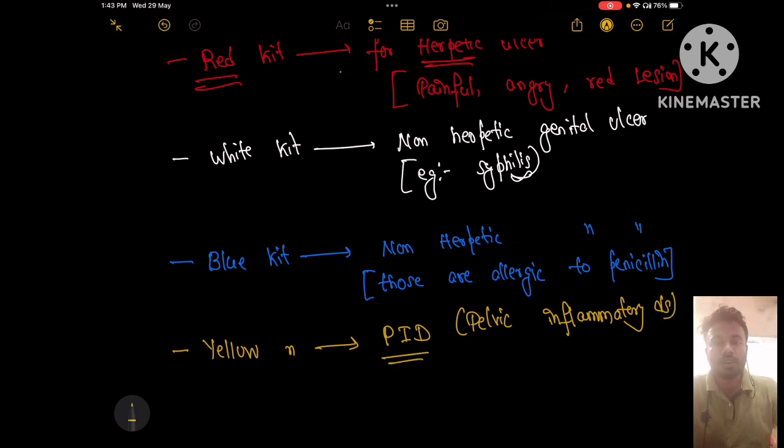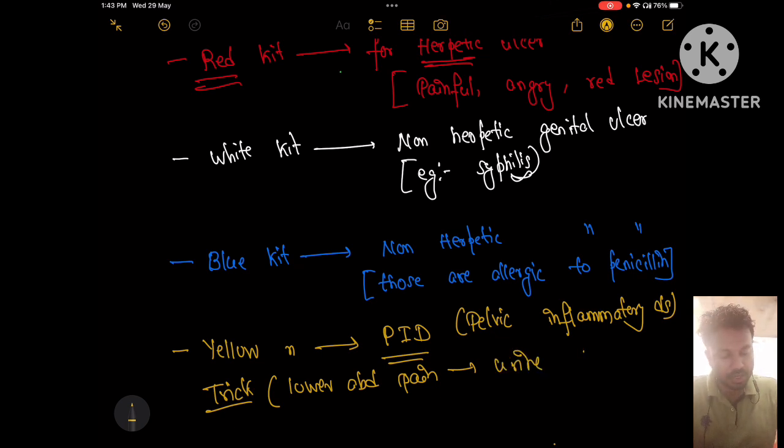So PID causes lower abdomen pain. The trick: in the lower abdomen there is the bladder and urine, so yellow.